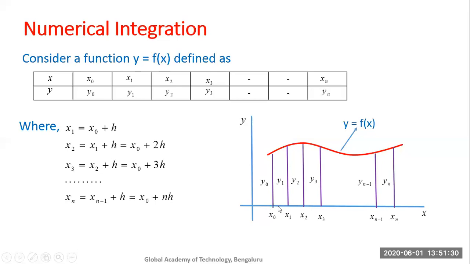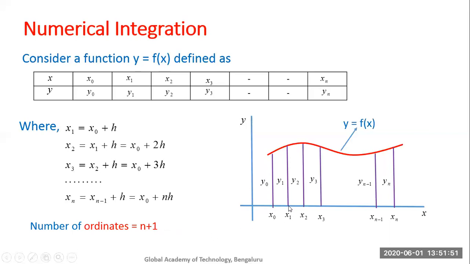So the interval x0 to xn is divided by the various ordinates y0, y1, y2, and so on up to yn. If we count these ordinates from y0 to yn, they are n plus 1 in number.